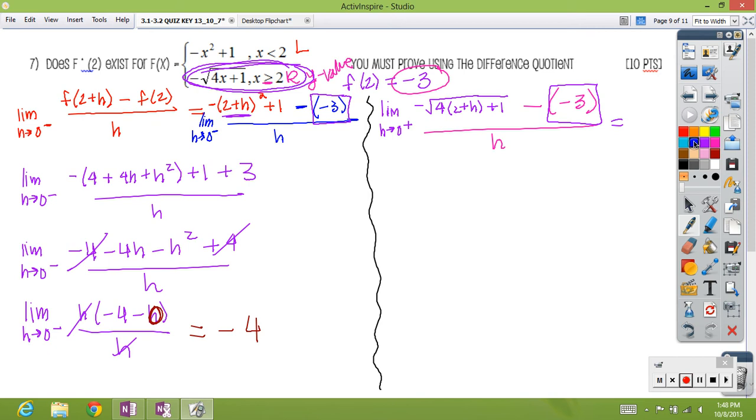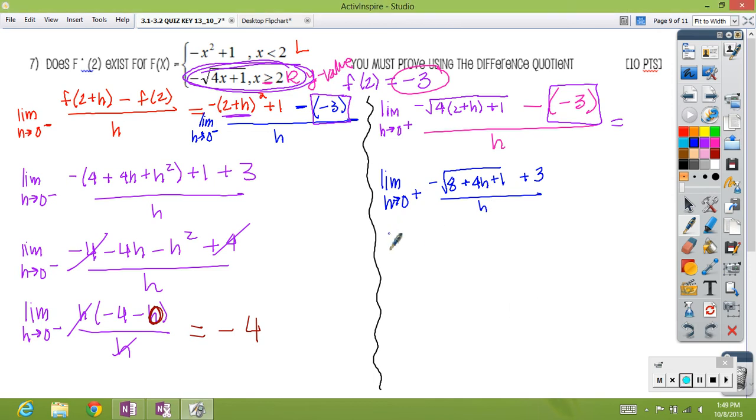On the right side, the limit as h goes to 0 from the right, you get negative square root of 8 plus 4h plus 1 plus 3 all over h.